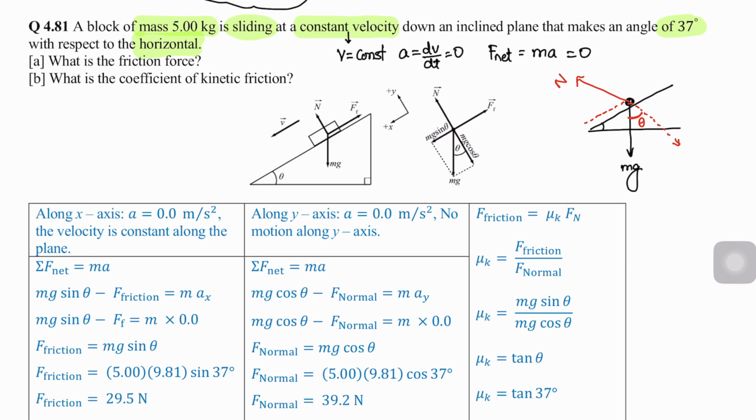This is the theta, because he said with the horizontal. Because this is called horizontal and you are shifting towards up. So this line is the horizontal. Fine? So here is your mg cosine theta and here is your mg sine of theta.